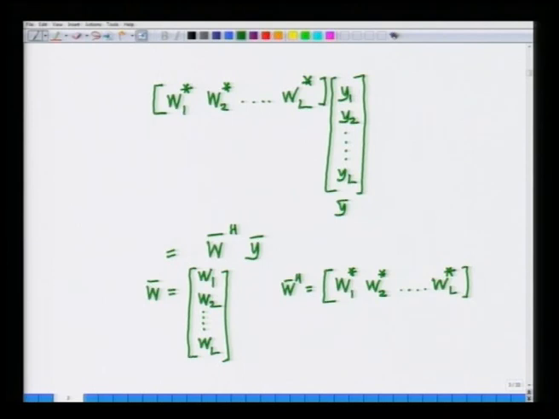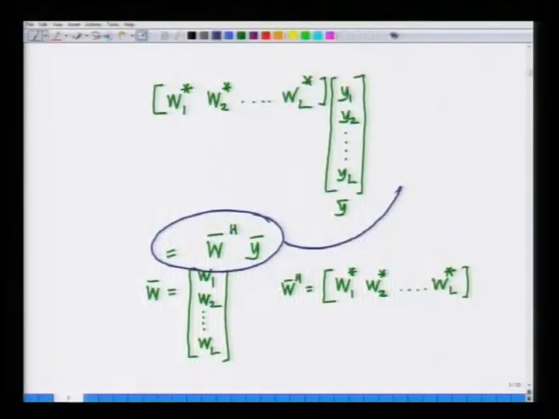So, W bar Hermitian is nothing but the row vector W1 conjugate, W2 conjugate, WL conjugate, and the receiving that we are doing is nothing but taking Y bar and multiplying it on the left by W bar Hermitian.